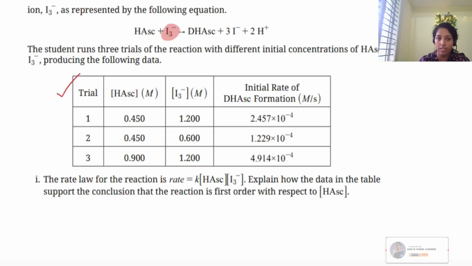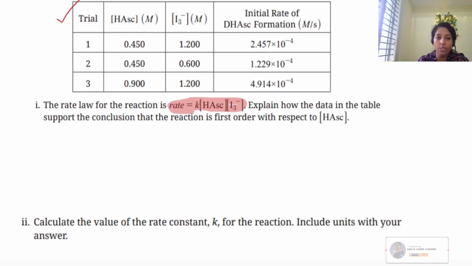And yes, see, as I told you, they were given all the answer. You don't even want to calculate the rate law. They were given the rate law, and what you need to do is explain how the data and the table support that it's first order with respect to ascorbic acid. Okay, right, that's all. So how do you support it?